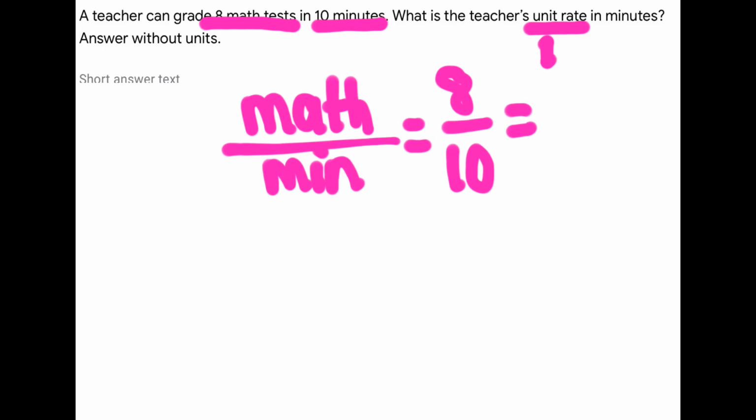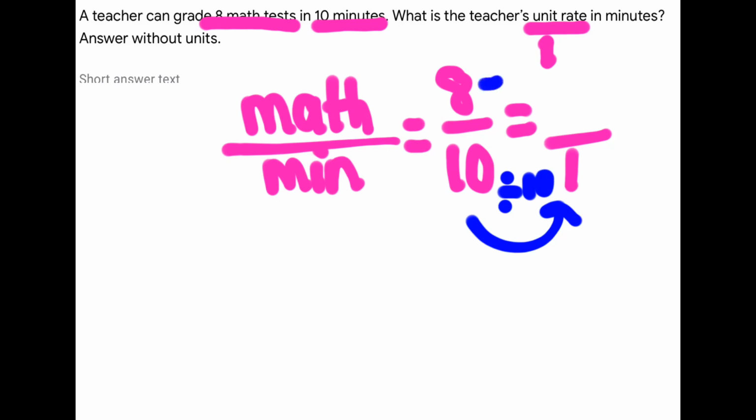We need to find out the unit rate, which is 1 minute. So we are going from a 10 to a 1. We are getting smaller, so that means we are dividing. To go from a 10 to a 1, we are dividing by 10. We need to divide by 10 on the top.